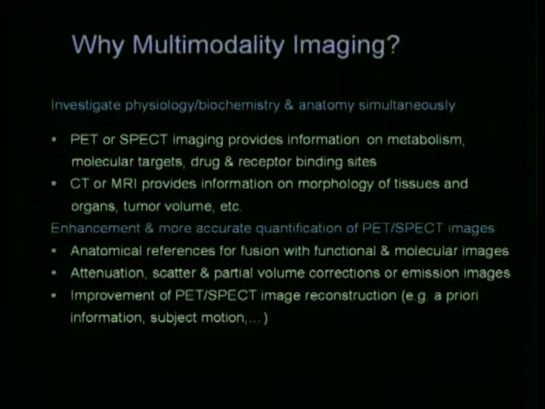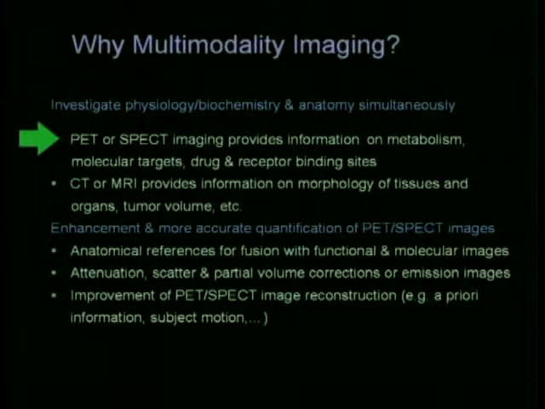For example, if you want to study anatomy, you do a CT and MR, maybe an ultrasound. But if you want to study the physiology of a particular tissue, you need to go to PET or, say, SPECT.